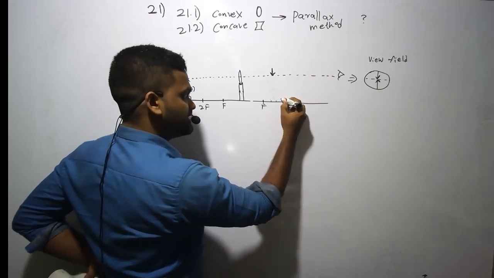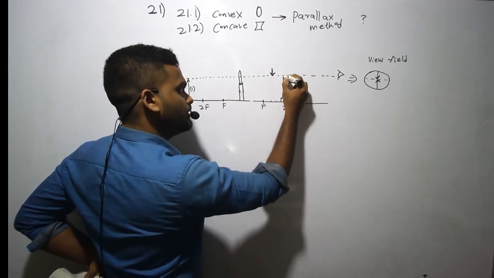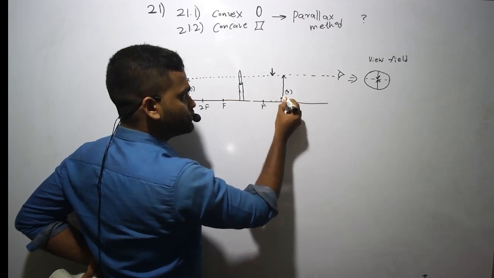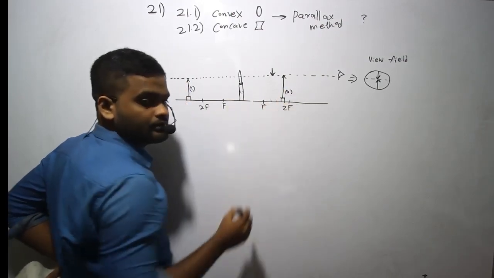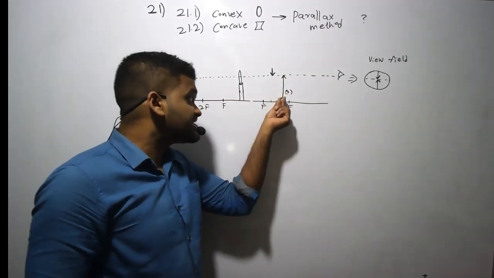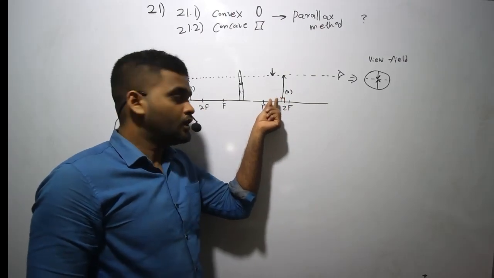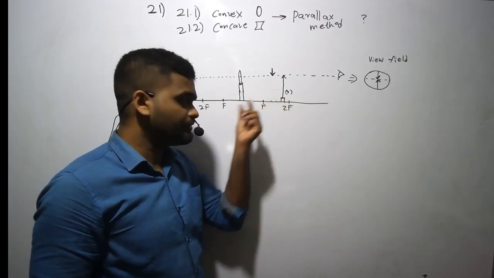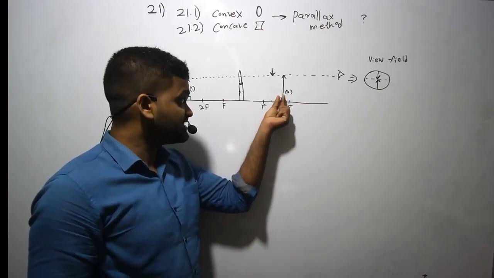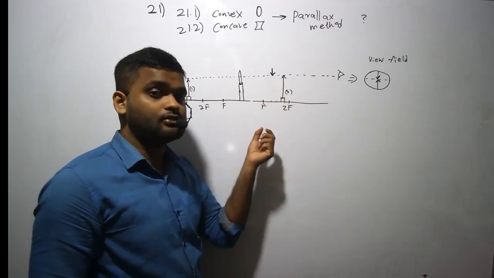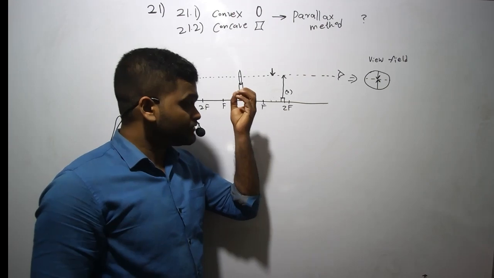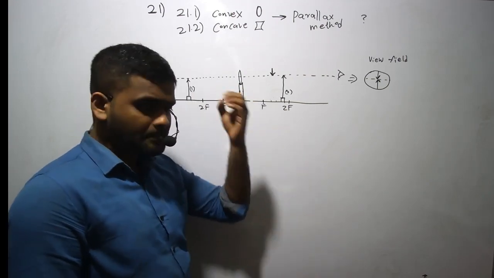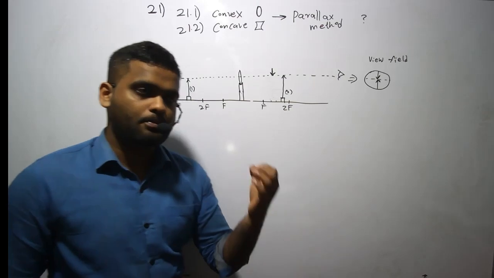So you just place the observing pin, pin 2 here, between F and 2F. But you don't know the exact position of that. So to find the exact position, you need to adjust this pin between F and 2F. To do that adjustment, you need the parallax method, right? No parallax method.